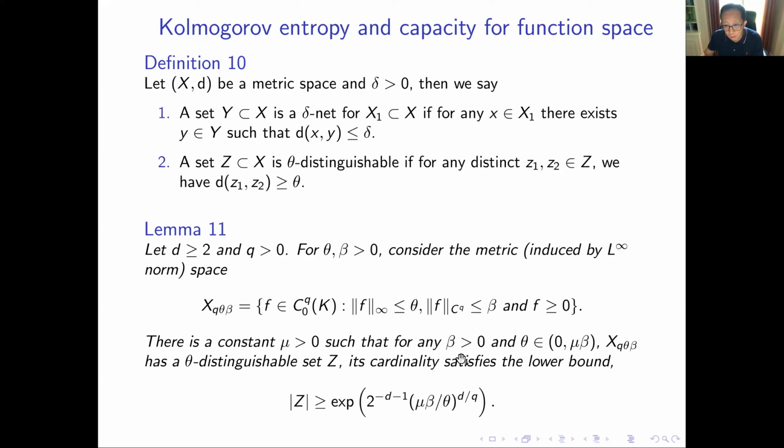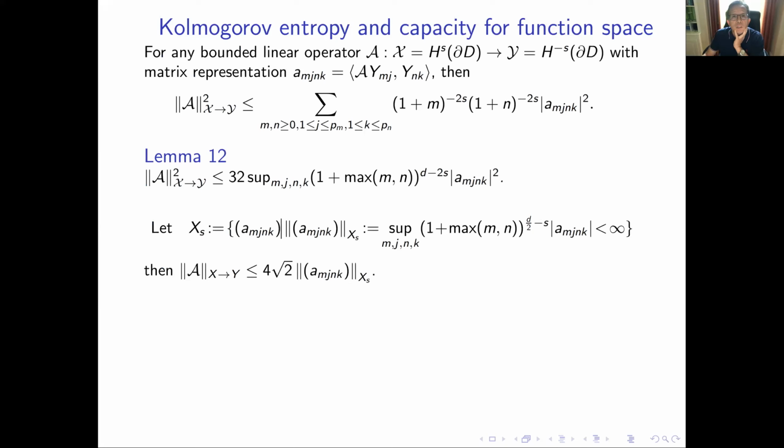It depends on the regularity, beta here. It depends on the maximum norm theta, and on D and q. And here you see the smoother the q is, the smaller the number is. Okay, the smaller q is, the bigger this thing is, in terms of distance. So this is a well-known result.